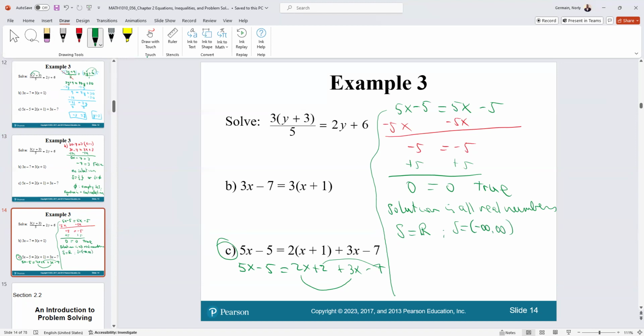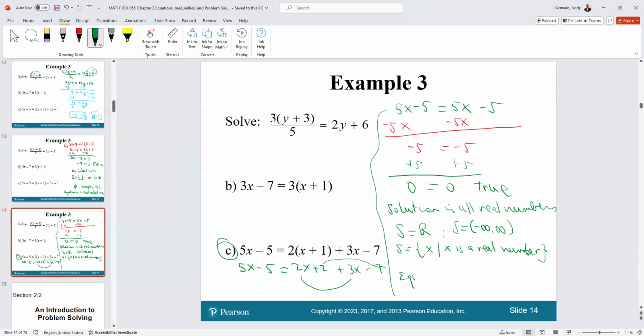Or you can say the solution is the set of all x such that x is a real number, okay? Now, this equation right here is called an identity, okay?